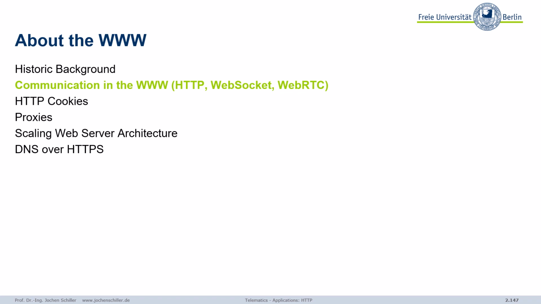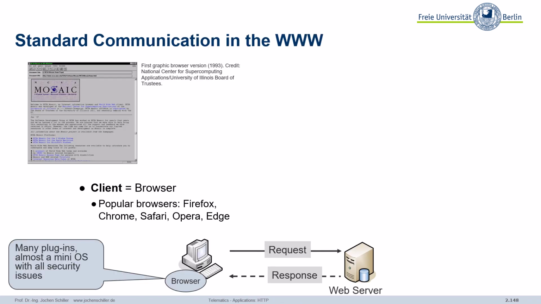So first of all, let's start with the classical scenario. Classical scenario, that means standard communication. That is what the web was made for. Mosaic, first browsers. Basically you have your client with whatever browser on top of it: Firefox, Chrome, Safari, Opera, Edge, whatever.